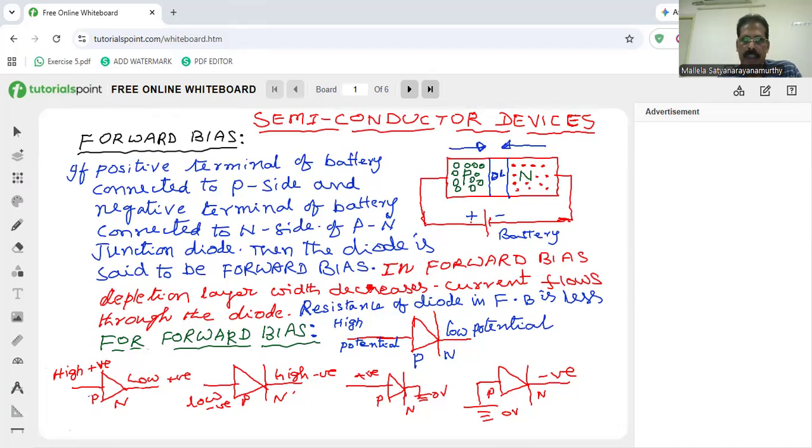If the P terminal is connected to ground, that is zero potential, that means it is high, so the N should be low, that means you have to connect a negative potential to the N side.